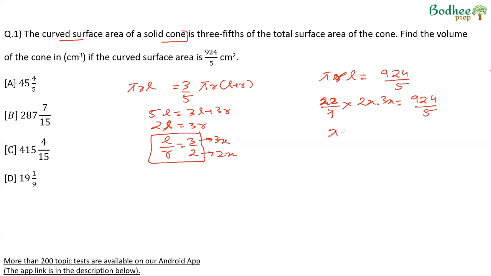And therefore x square will be 924 by 5 into 7 upon 22 into 2 into 3. This will be the value of x square.